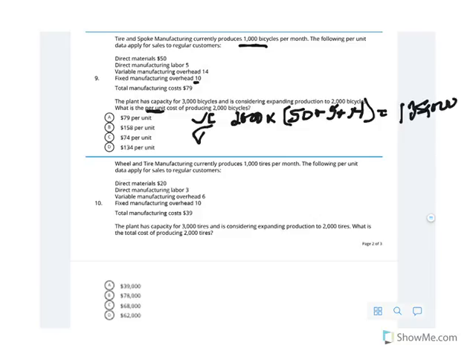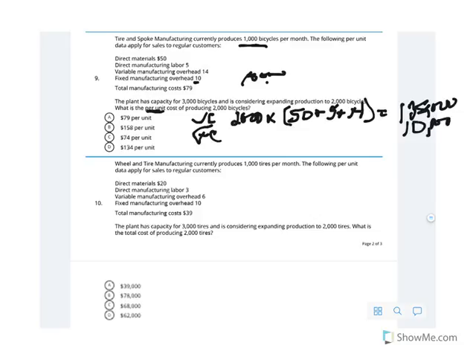Now the fixed costs, be careful here. They're giving you the fixed cost per unit. But you see, fixed cost is fixed in total and it doesn't change in total. So therefore, the total fixed cost here is 10 times 1,000 or 10,000. Don't be fooled by the unit cost of 10.